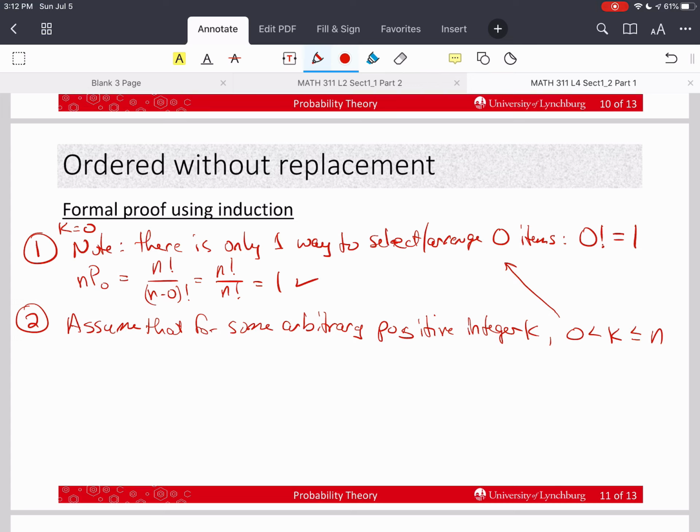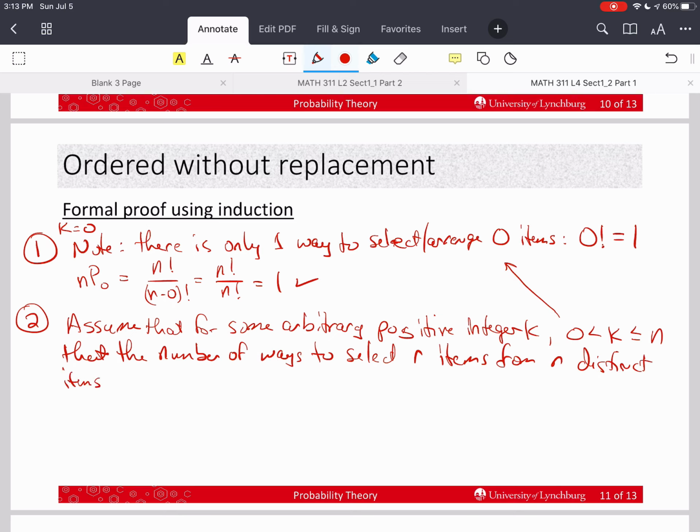So assume that for some arbitrary positive integer k, the number of ways to select r items from n distinct items is n times n minus 1 all the way down to n minus k plus 1, which is equal to n factorial over n minus k factorial, which is nPk.